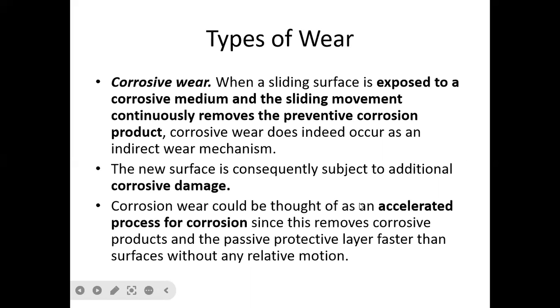Corrosion wear could be thought of as an accelerated process for corrosion, since this removes corrosive products and the passive protective layer faster than surfaces without any relative motion. So, once there is rusting occurring on your particular system, that part shall be removed or repaired in order for it not to cause more damage to our system.